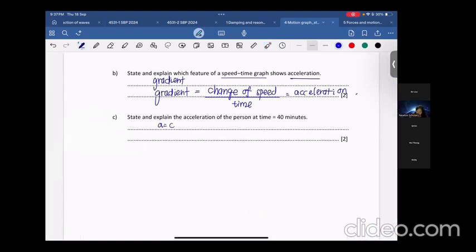Okay, acceleration equals 0. Why? Gradient equals 0. Object moves with constant speed. 2 marks. State and explain. Actually, it's 2 questions. State what happened to acceleration and then explain the answer.